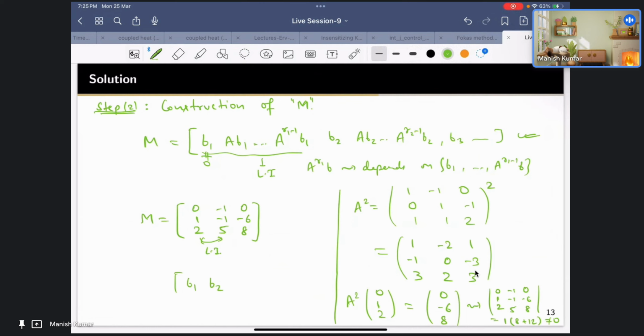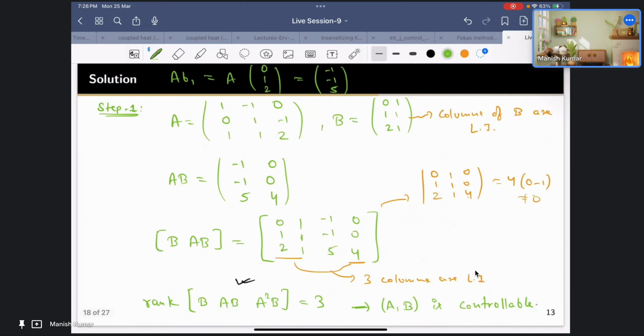And suppose again I put AB2, and if it is linearly dependent, then I will put A squared B1, B2. But obviously I'll get 3 because I know that the rank of this matrix is 3, so I'll get 3 for sure.